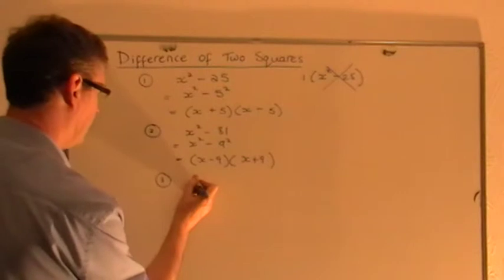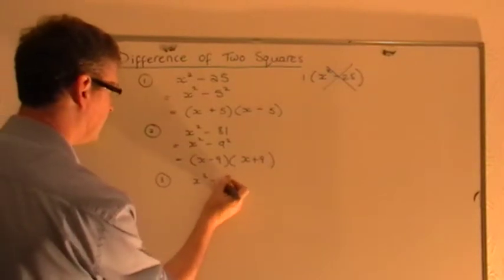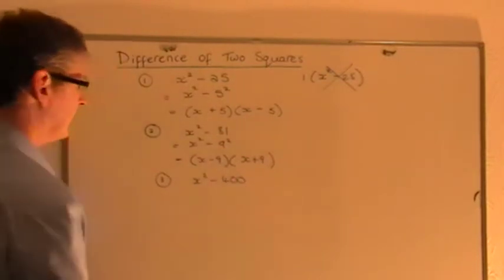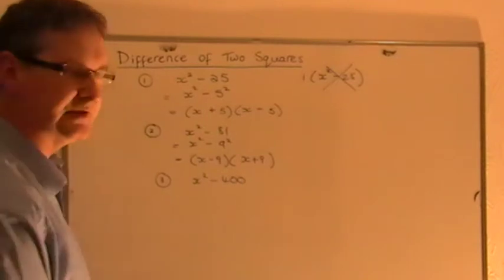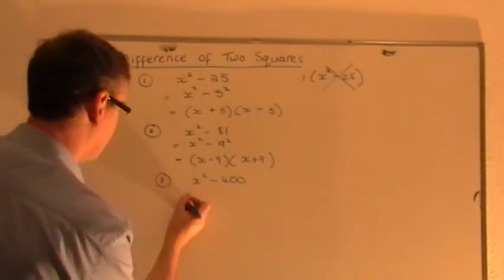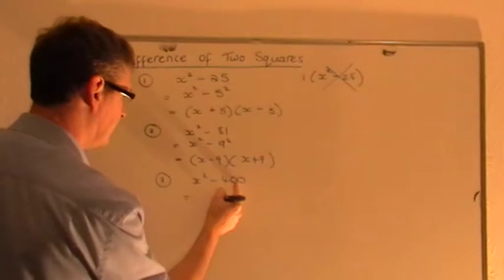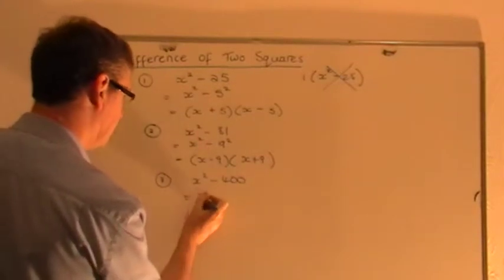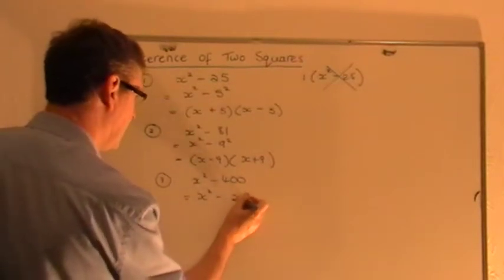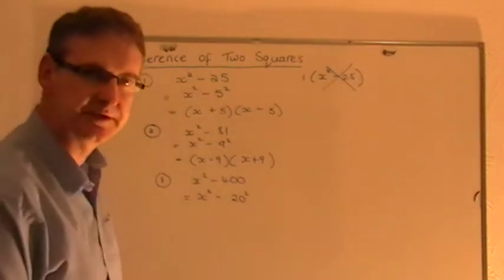Third one. How about x squared minus 400? A bit bigger number to deal with, but simple enough. That is a squared term because you need to realise it's x squared minus, and then 20 times 20 is 400.